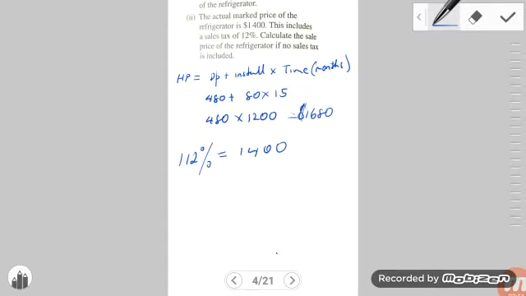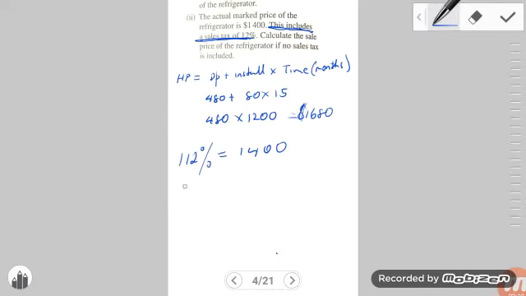It is because we are told here that this includes sales tax of 12%. And you still have to remember that the original cost of anything, regardless of its price, is always 100%. So adding tax means that you have to add the tax percentage to the original cost. So that's how I keep saying 112% is equal to 1,400.